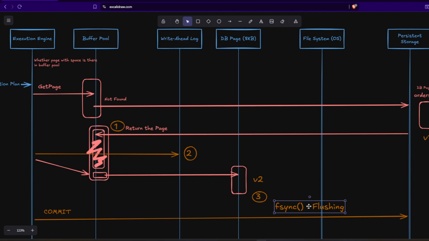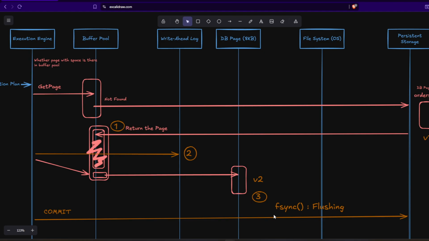And this data page, whichever is marked as dirty, is flushed into persistent storage. One thing might confuse you: what exactly is the role of the WAL and the actual dirty DB pages here. So WAL, please understand, this is done immediately, but when fsync is called, only then is this flushed out.